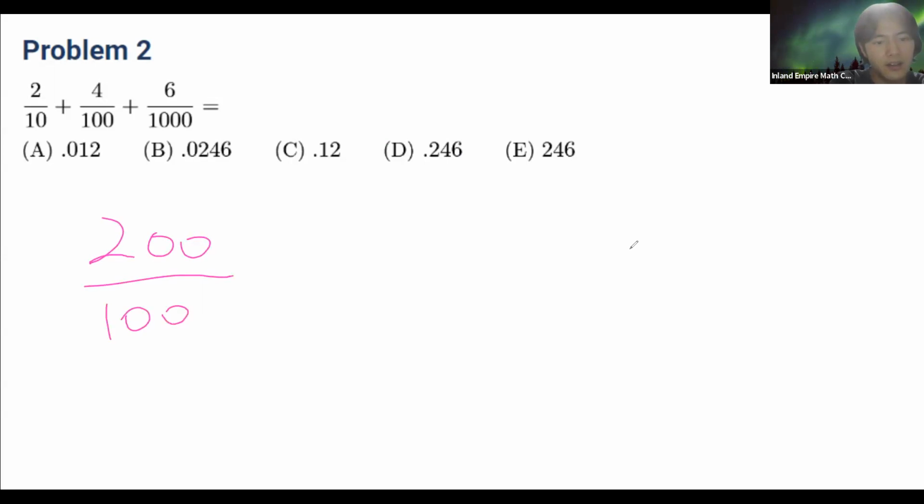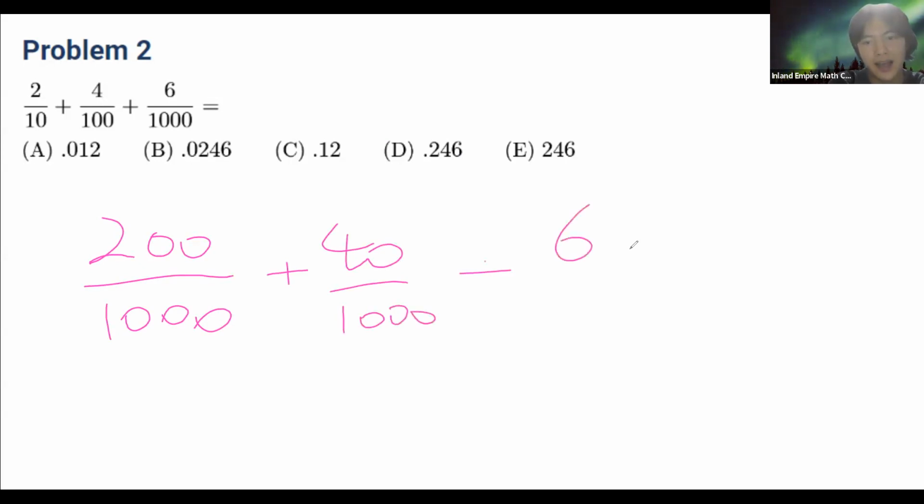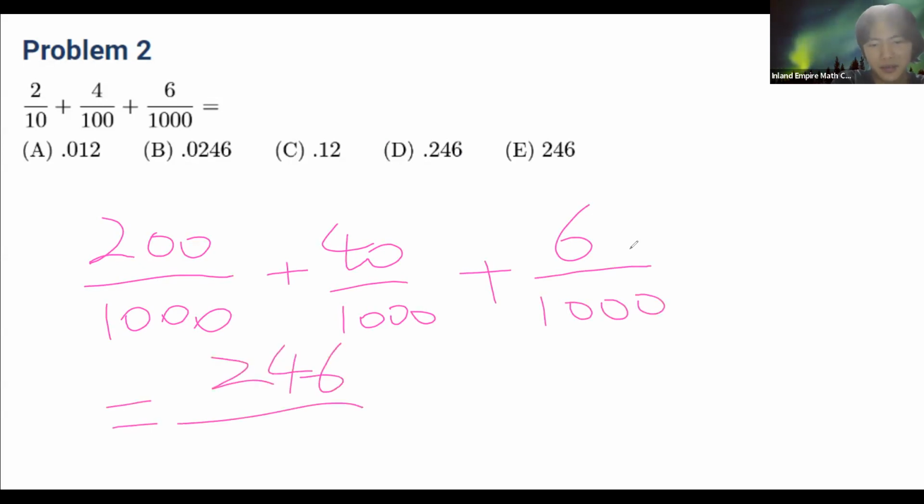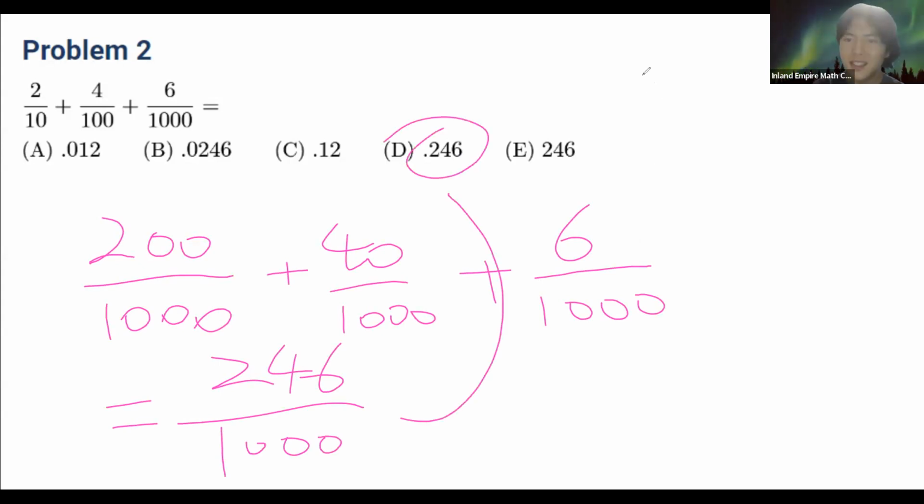And you'll change the 4 over 100 to 40 over 1,000. And the 6 over 1,000 will stay at 6 over 1,000. Then when you add these up, you get 246 over 1,000, which is equivalent to 0.246. So yes, that's another way to do this. Any questions?